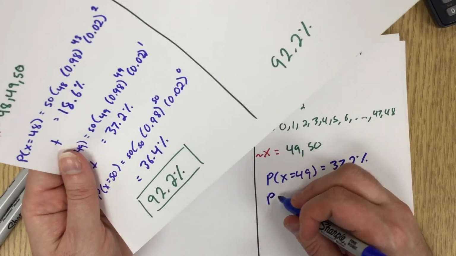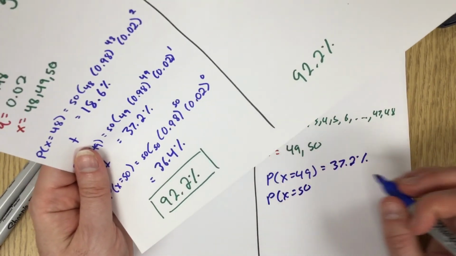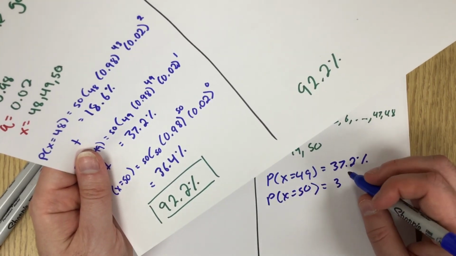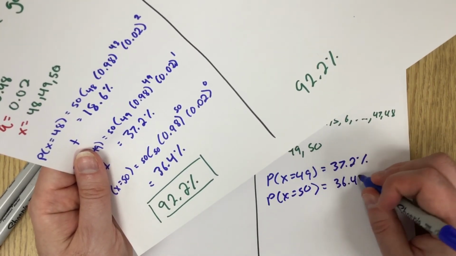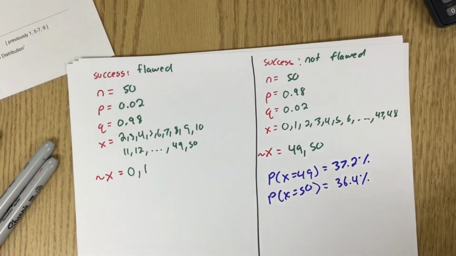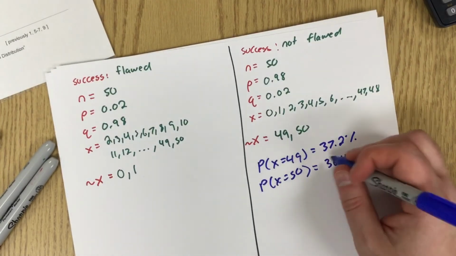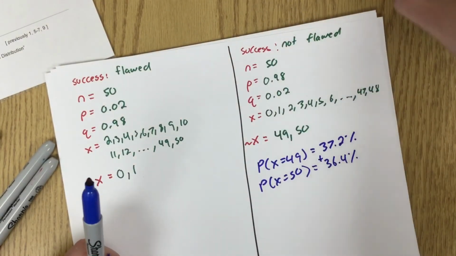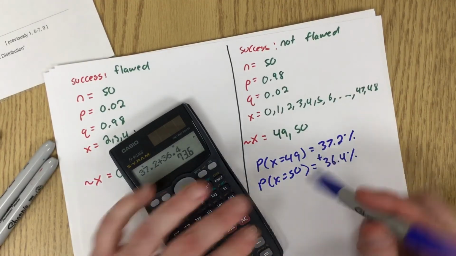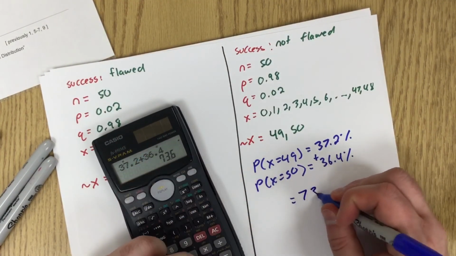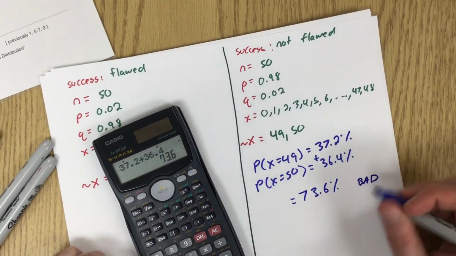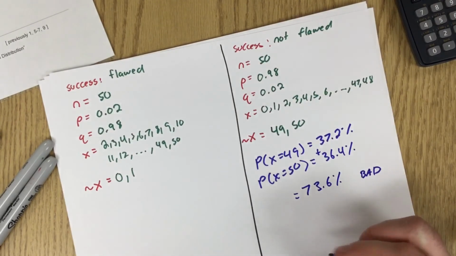The probability that x equals 50 was 36.4%. So if we add them up, 37.2 plus 36.4, there's a 73.6% chance of getting essentially a bad case of what we don't want, of not having at least 2 flawed engines.